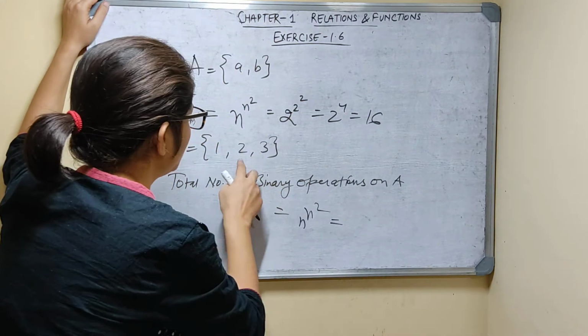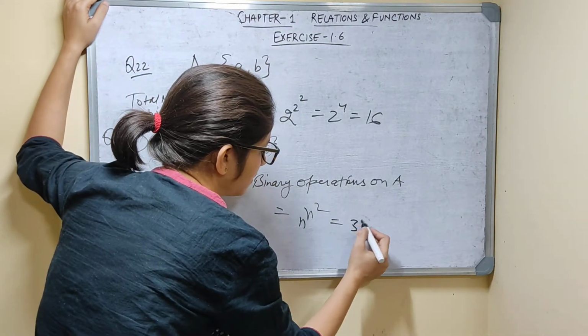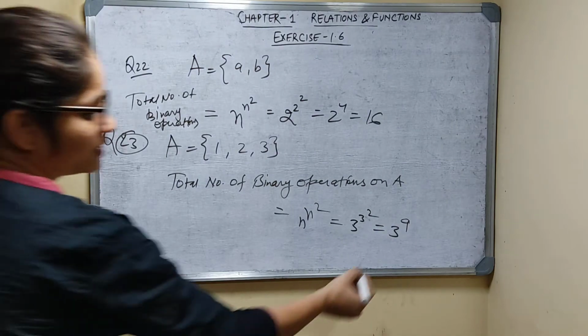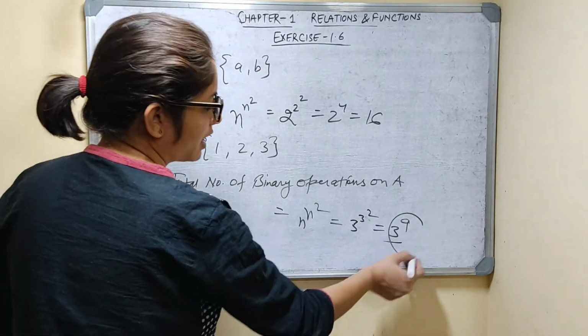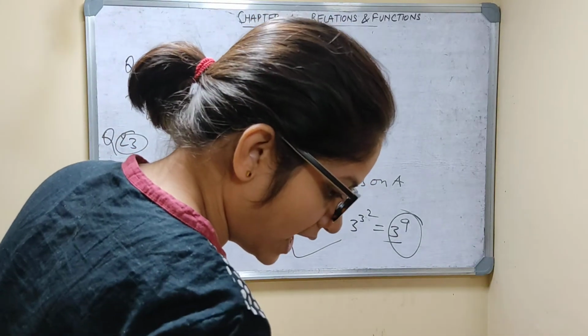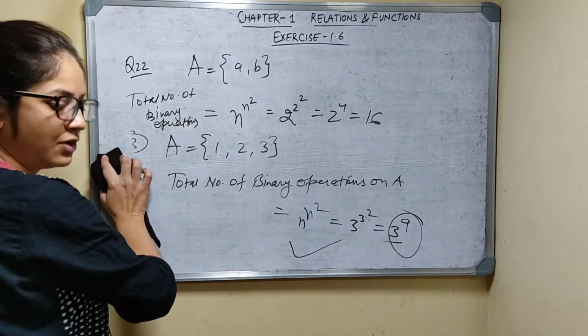So n is 3, since 3 elements are present. So 3 power 3 square, 3 power 9. You can solve it or directly leave it as 3 power 9, the total number of binary operations on set A.